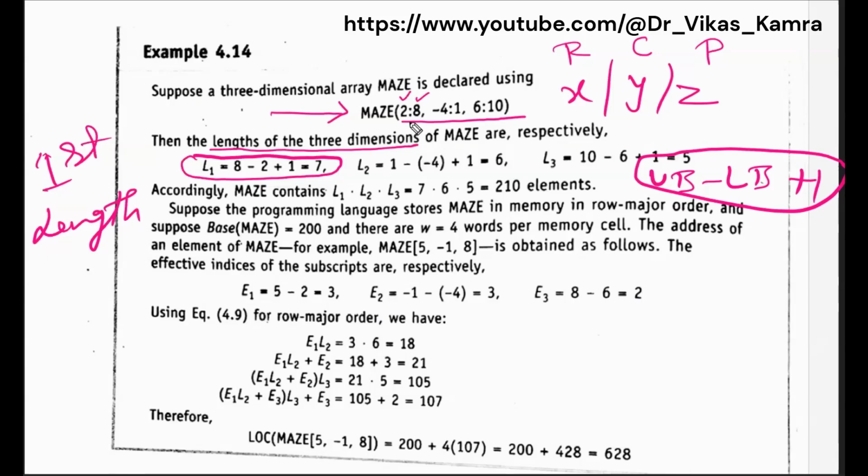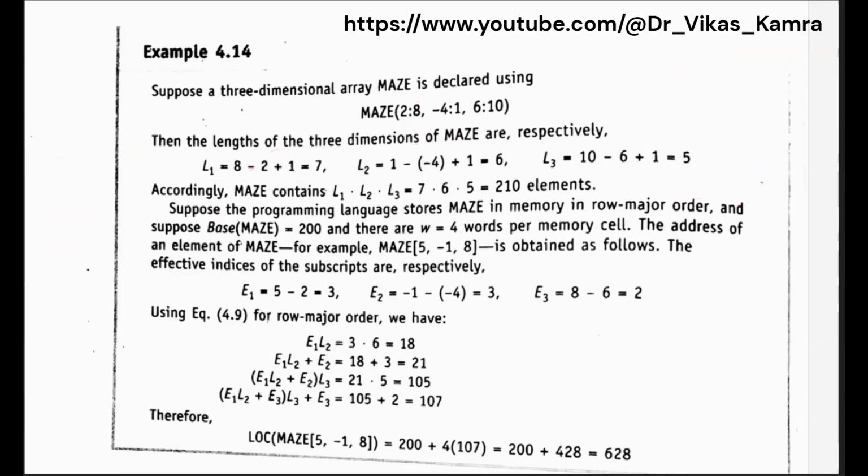So for the very first dimension, the upper bound is 8. Here 8 minus 2 plus 1. So the total size, or you can say length of the first dimension, is 7. I'll show you once again with the second dimension, which is for the number of columns. The formula to find out the length of the second dimension: upper bound is 1, so 1 is written here.